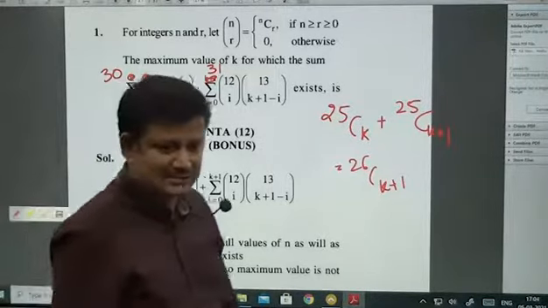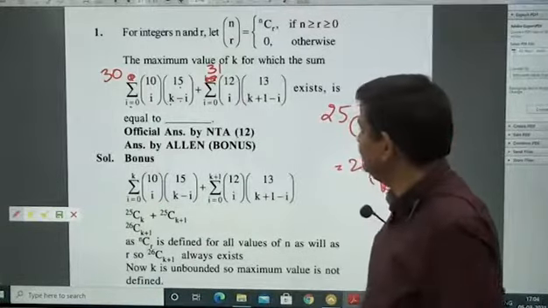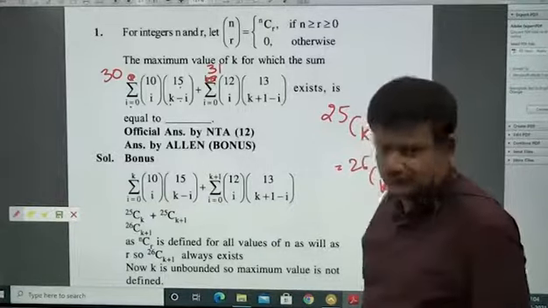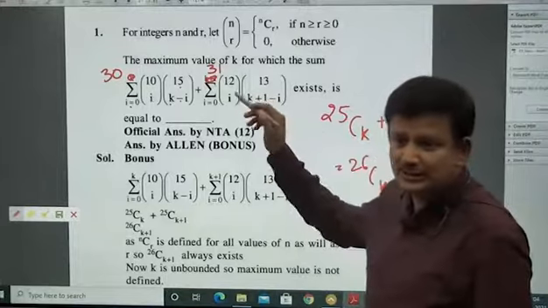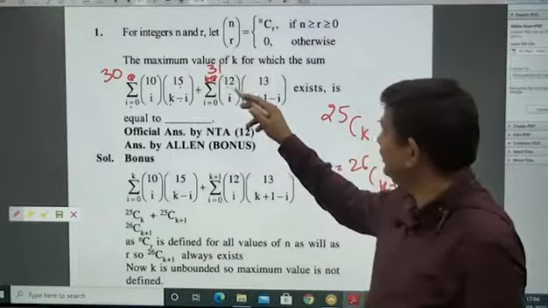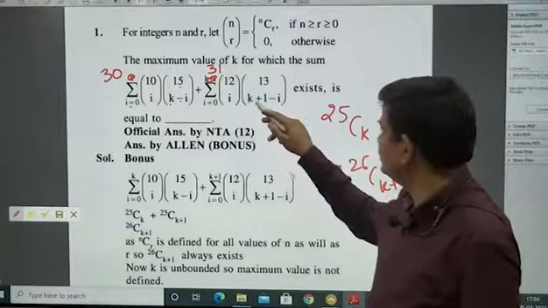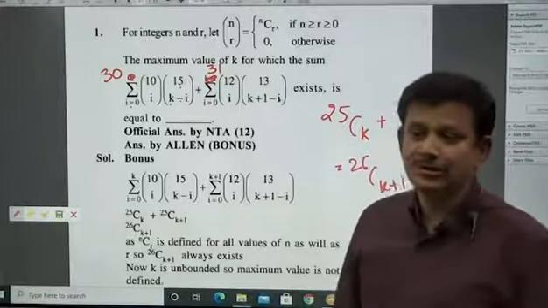It still exists. Here 12C 31 is 0, so irrespective of what this is, that will be 0, up to when i becomes less than or equal to 12. Once i is 12, this is how much? 13C a bigger number. That is also 0.